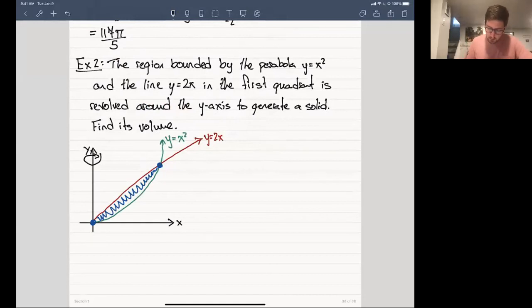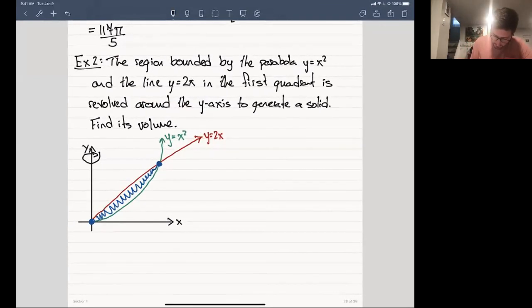So now we have to look at the inner and outer radii in terms of the variable y, right? Because this tells us that we have our inner radius going over to the red curve, and our outer radius going over to the, oh, sorry, those shouldn't be in x anymore.